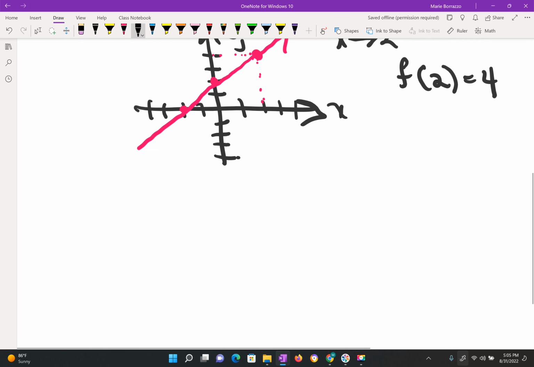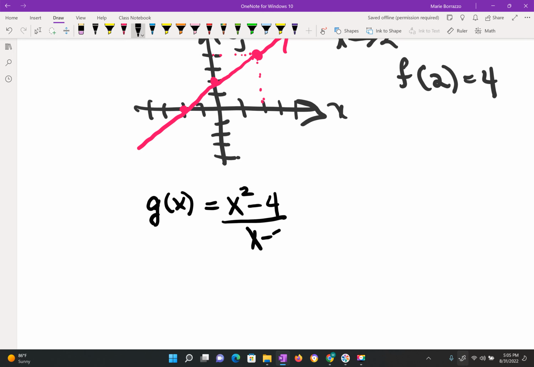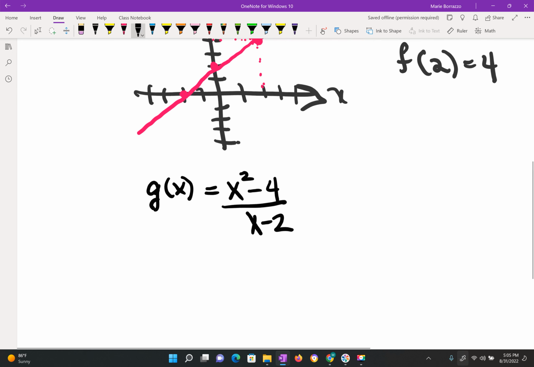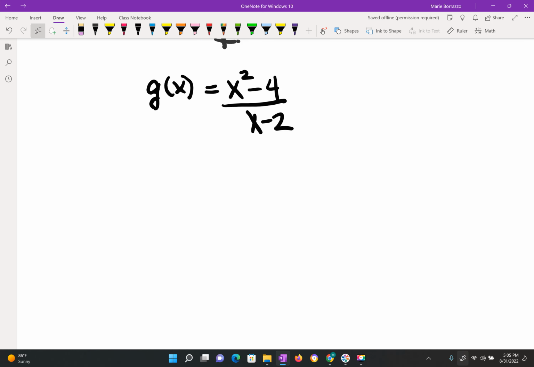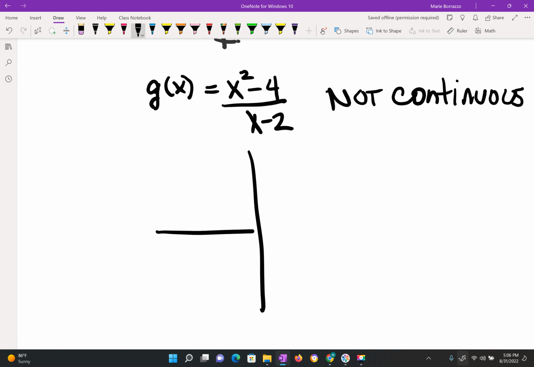All right, so this is an example of not continuous. If I have, for example, a function g of x is equal to x squared minus 4 over x minus 2, do you notice that at x equals 2, what happens? You get a 0. So this is discontinuous or not continuous. And so if you look at the picture that I'm about to draw, you'll see, again, here's your x and y plane.